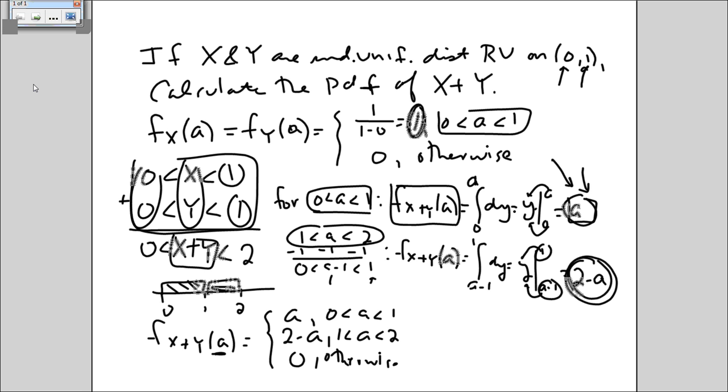Nor, if you pick an x value between 0 and 1, a y value between 0 and 1, and you add up these two values, you'll never get bigger than 2. That is, the PDF is 0 otherwise. And here is your answer. Here is your nice little answer.